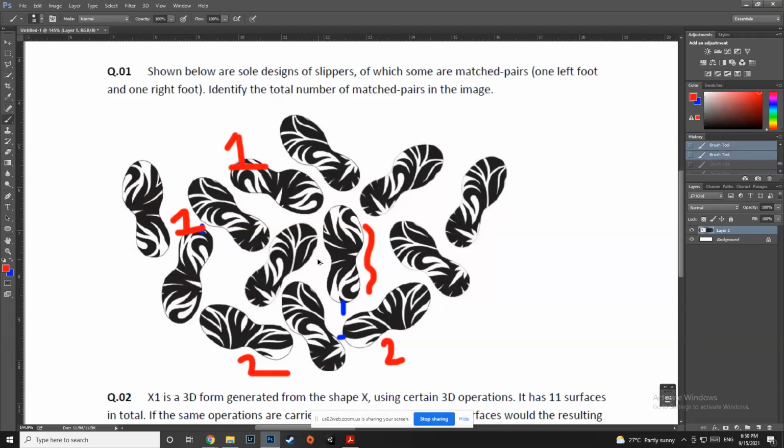Okay, that makes sense. Then there is this triangle, and this triangle is also there, correct? And if you look at the other features also, you can see that these two will be similar. So what is our answer? It would be 3, right?